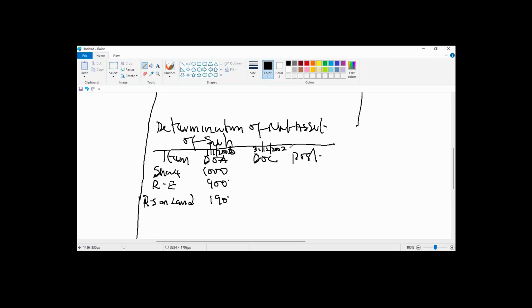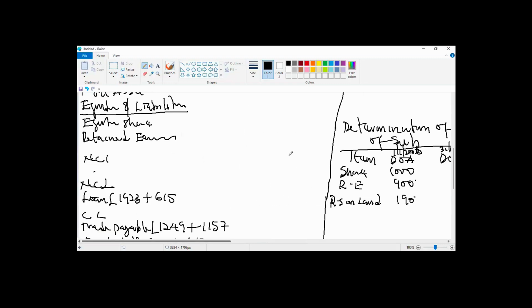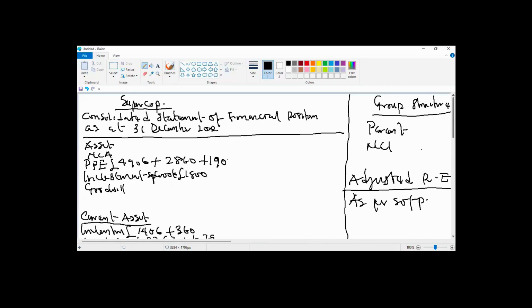It has increased further. What is your own duty? I will just go to the PPE, the further plus 20, to make it 210.